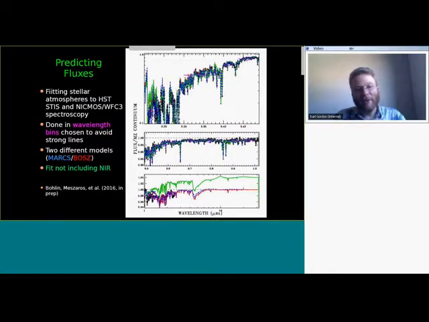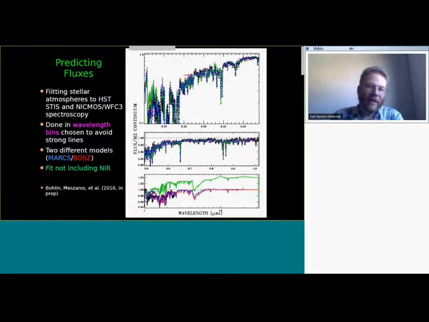At this point, what we do is we fit stellar models, either Marcs or Kurucz, which is a new Kurucz model grid. Right now we're using this fitting to determine the effective temperature, log g, and metallicity from the broadband SED, from the HST SED. We don't have the ground-based optical spectroscopy yet.